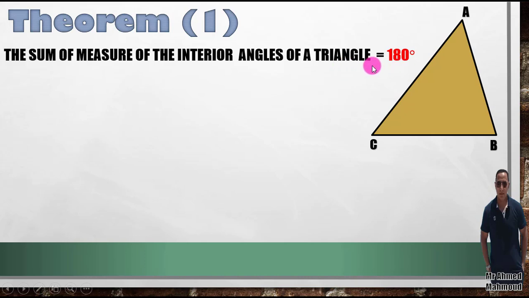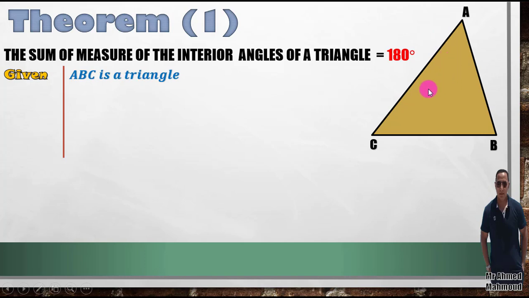Okay, the first thing, we are going to write the given. The given, it's very clear that we have only triangle ABC. So the only given is that we have triangle ABC. Actually, by using the given, I can't prove that the sum is 180.